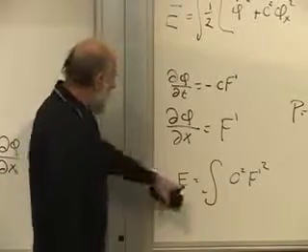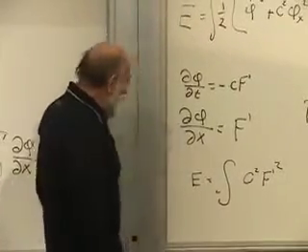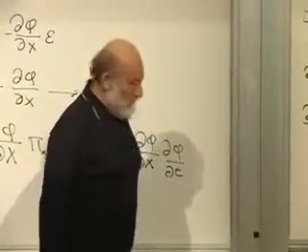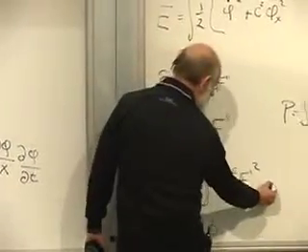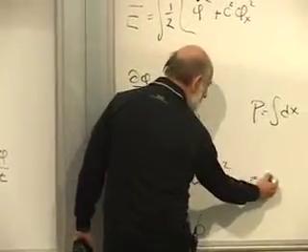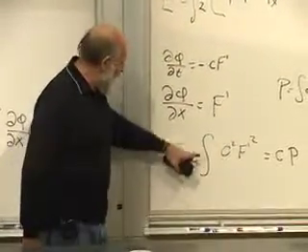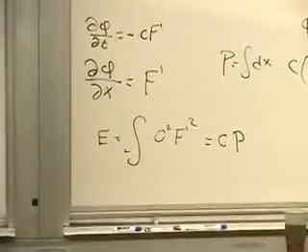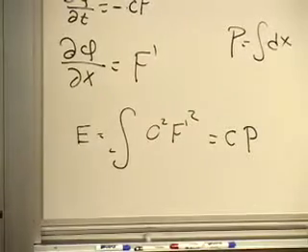Notice that it's closely related to the energy of the right-moving wave. In fact, apart from a factor of c, the energy and the momentum are equal to each other. We can write that the energy is equal to c times p. There's an extra factor of c in the energy that's not there in the momentum. What about a wave moving to the left?